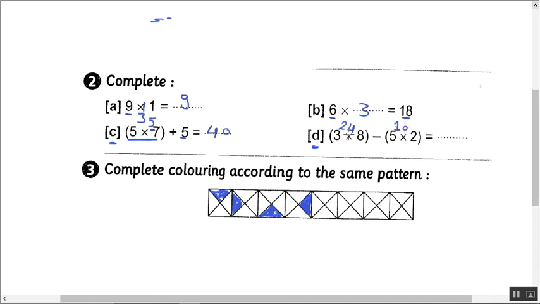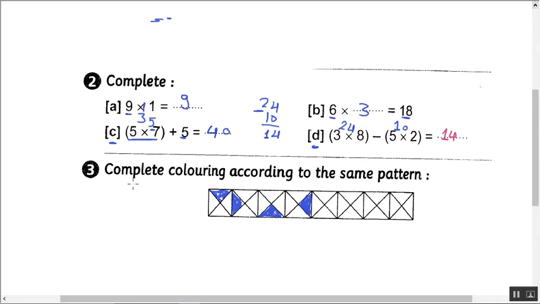Here we have 24 minus 10. 24 minus 10, we will write under each other. We can say 4 minus 0 equals 4, and here 2 minus 1 equals 1. So here 24 minus 10, the result will be 14. So here also we can write 14.